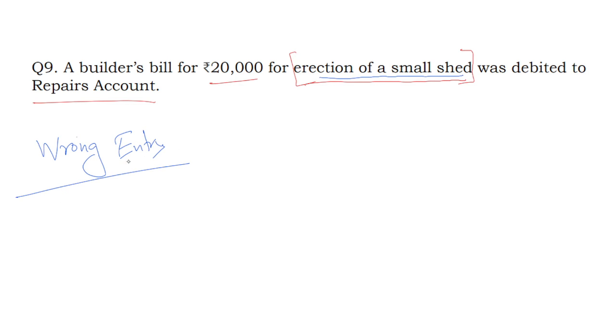So the wrong entry is like this: repairs account debit to what? Repairs debit to paid. It is paid, no? It is paid. So in the wrong entry, it may be bank or cash.